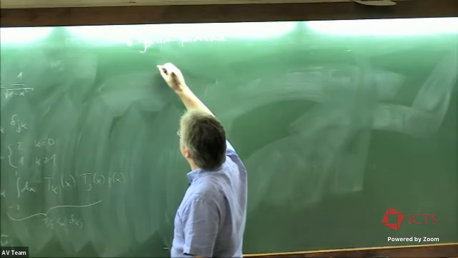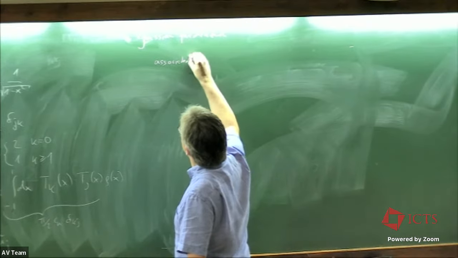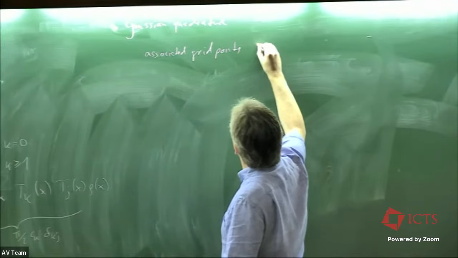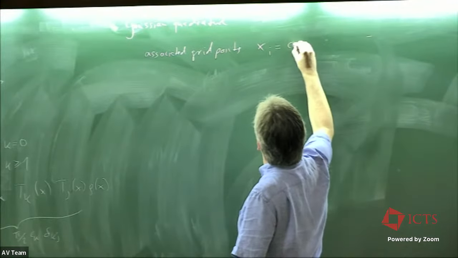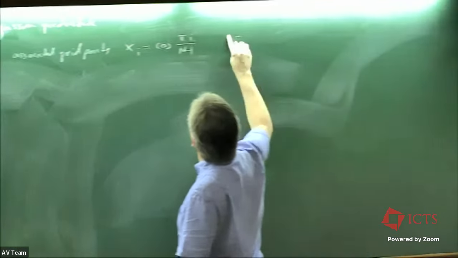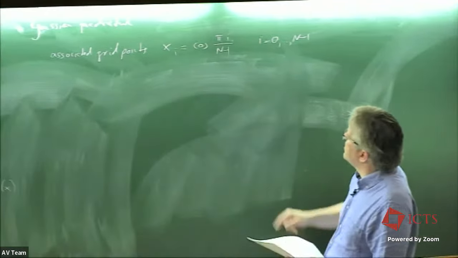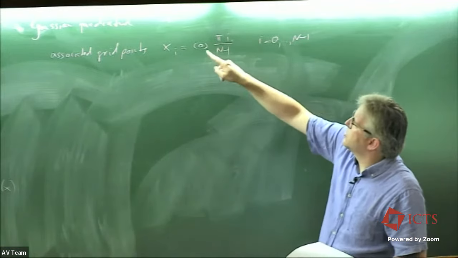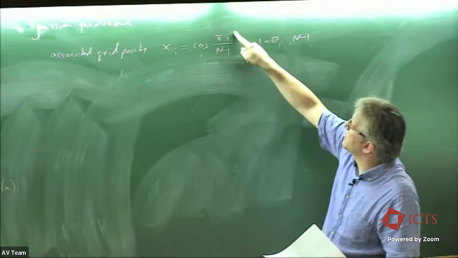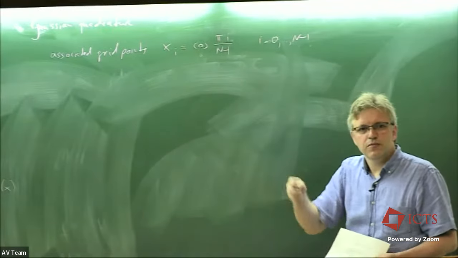The associated grid points are x_i equals cosine of pi i over n minus 1, where i goes from 0 to n minus 1. So these x_i, if you plug in 0, you get cosine of 0, which is plus 1. If you plug in n minus 1, you get cosine of pi, which is minus 1. So they cover the minus 1 to plus 1 interval just fine.